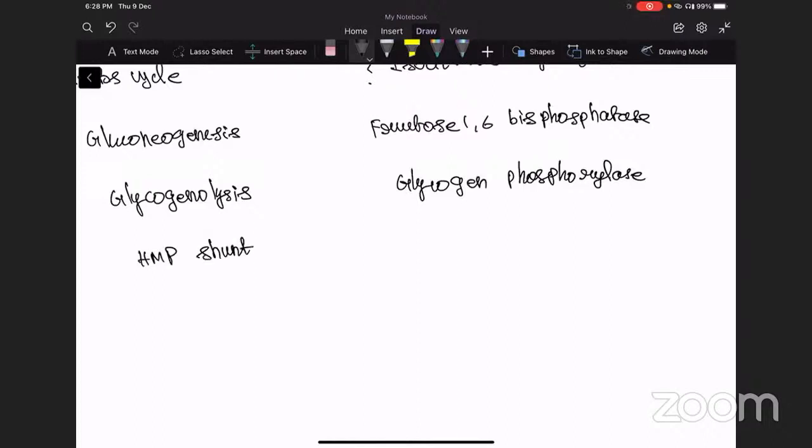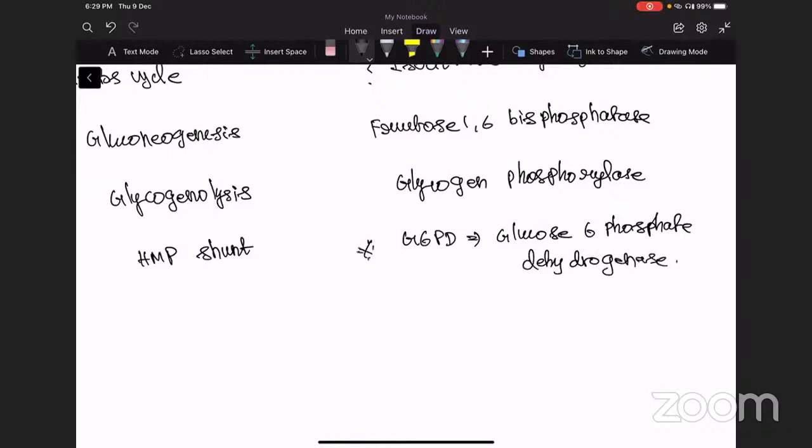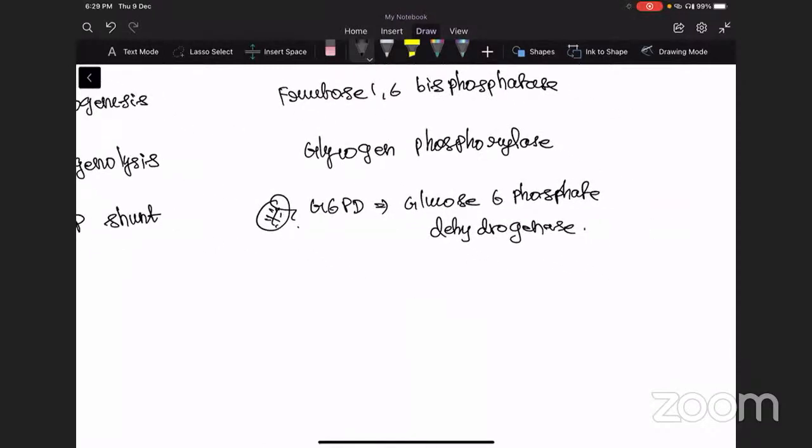HMP shunt, the rate limiting step is G6PD, glucose 6 phosphate dehydrogenase, and this has been asked in the exam. Very simple question they had asked. The question is, what is G6PD?